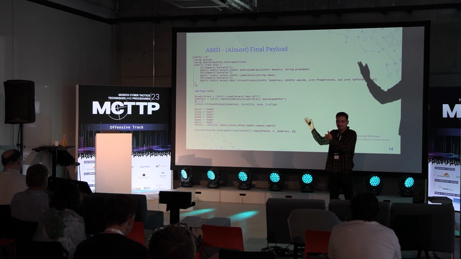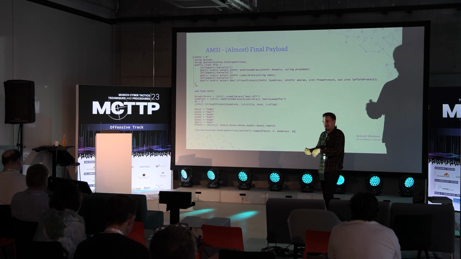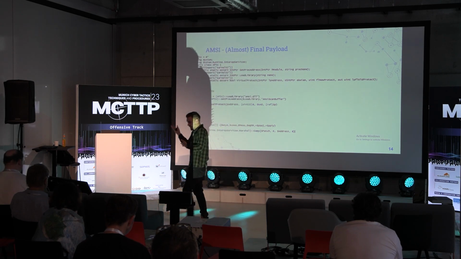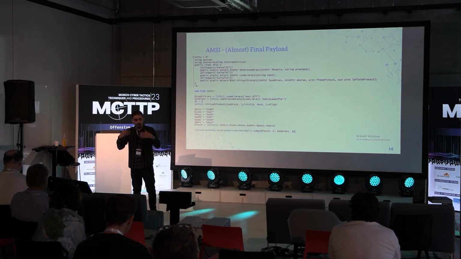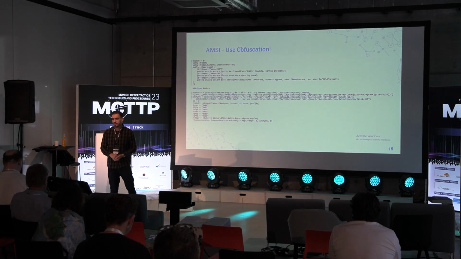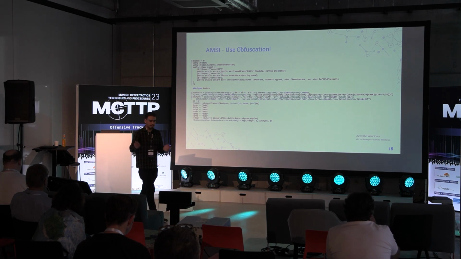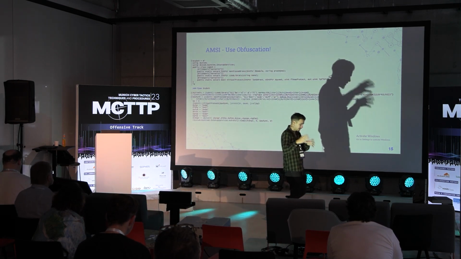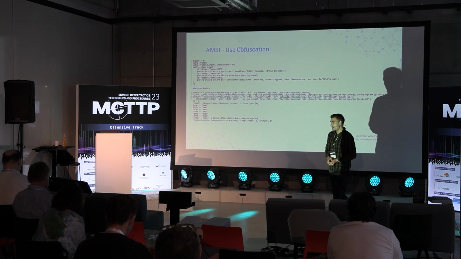You can apply obfuscation, like take something like Invoke-Obfuscation from GitHub. It's basically an open source obfuscator for PowerShell scripts, and you can transform the script like this. It's pretty straightforward, and simpler than modifying the actual behavior.